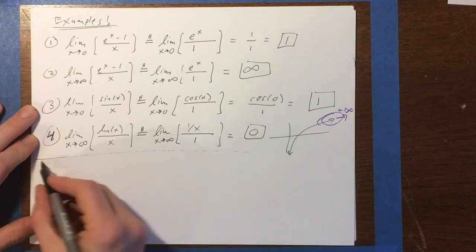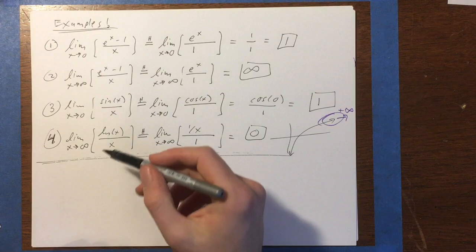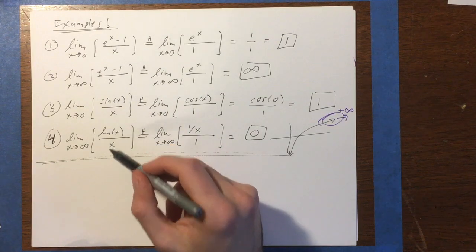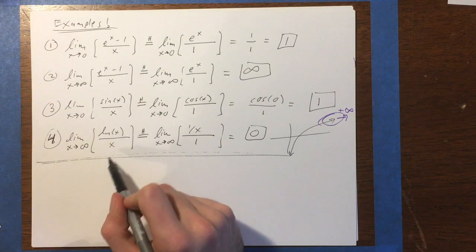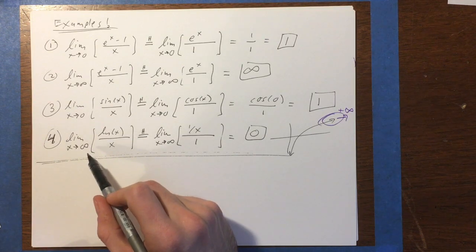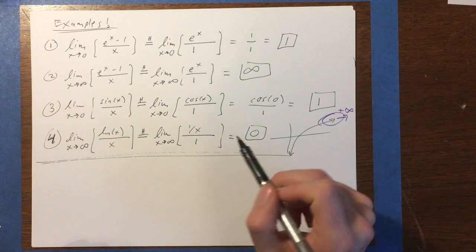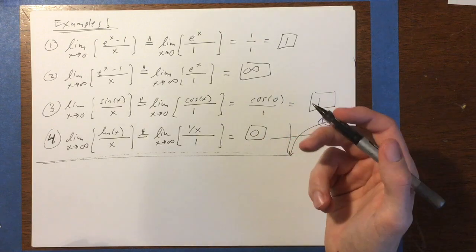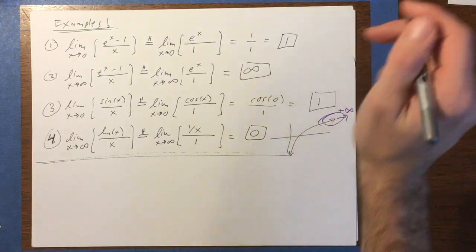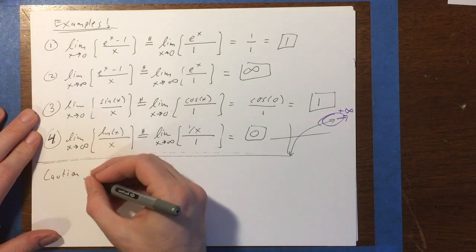So L'Hopital's rule is amazing because it takes limits that are seemingly impenetrable, right? Limits that you have really no idea how to tackle, like natural log of x over x as x approaches infinity. It's very difficult to approach that, but L'Hopital's rule can convert it to something super simple and easy, potentially, okay? It's not guaranteed it'll be easier, but it is often super useful.